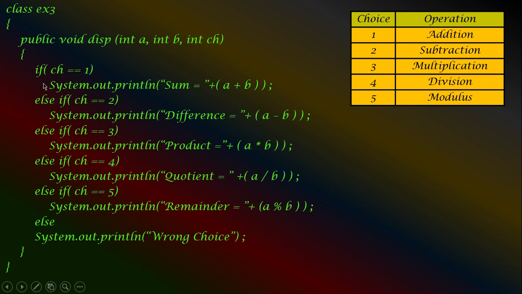No. So, note here is that if only one line is there within an if statement, then there is no requirement of giving the second bracket. But if two lines are there, then we have to provide the second bracket.